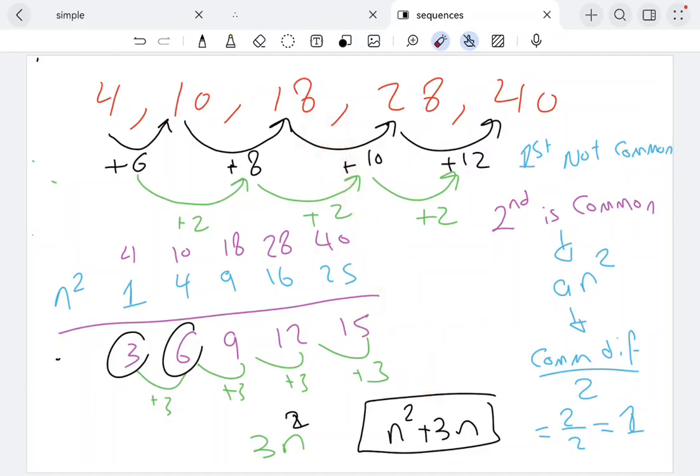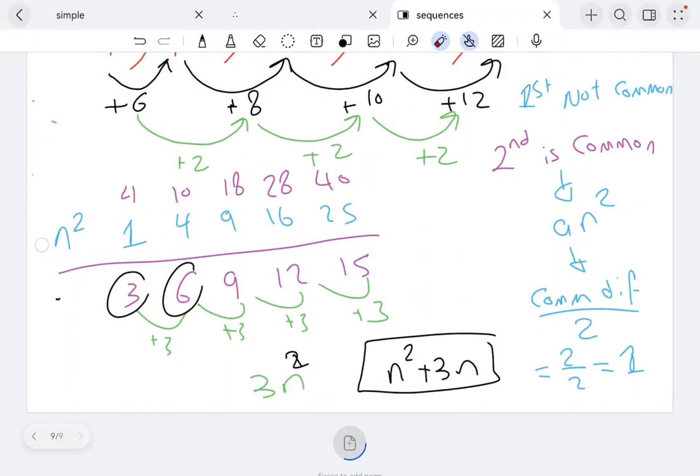I'm sorry, I know that you were looking for the other one, but you should know this as well, because this gives you a sense of comparing the original sequence to the n squared sequence, and then you see how much the difference is. That's good to know. But anyway, I'm sorry, I'll explain it quickly again.